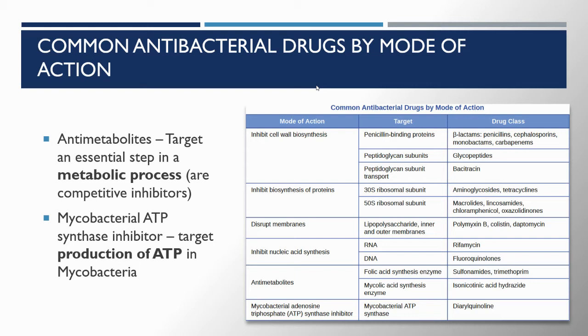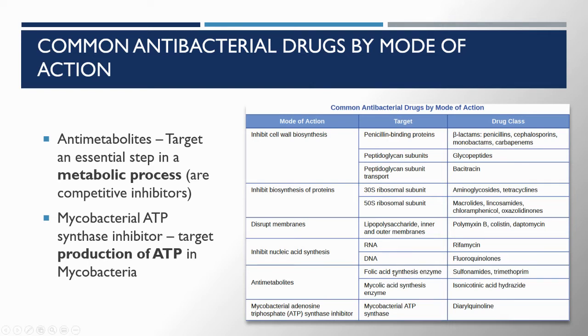But if we can make a competitive inhibitor, a molecule that is similar in size and shape to the enzyme substrate, to the product or the reactant in the chemical reaction that this enzyme facilitates, the competitive inhibitor will land on the enzyme's active site and prevent it from working. Then we disrupt whatever that process is.